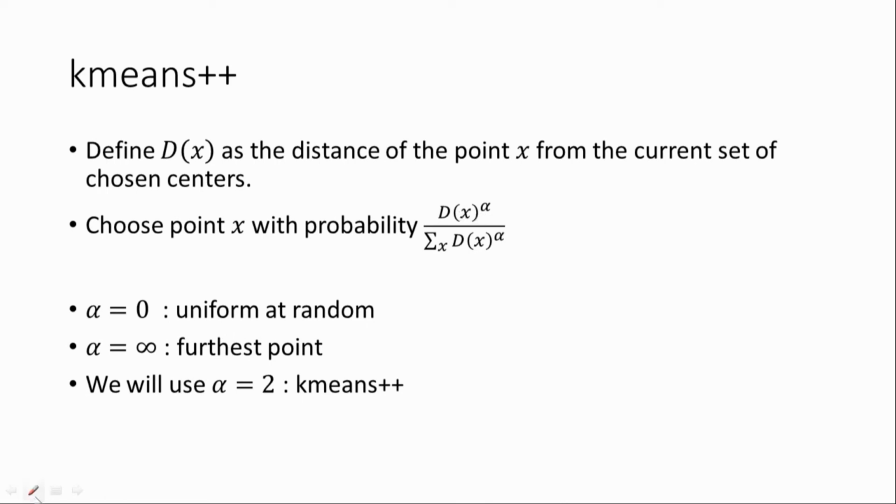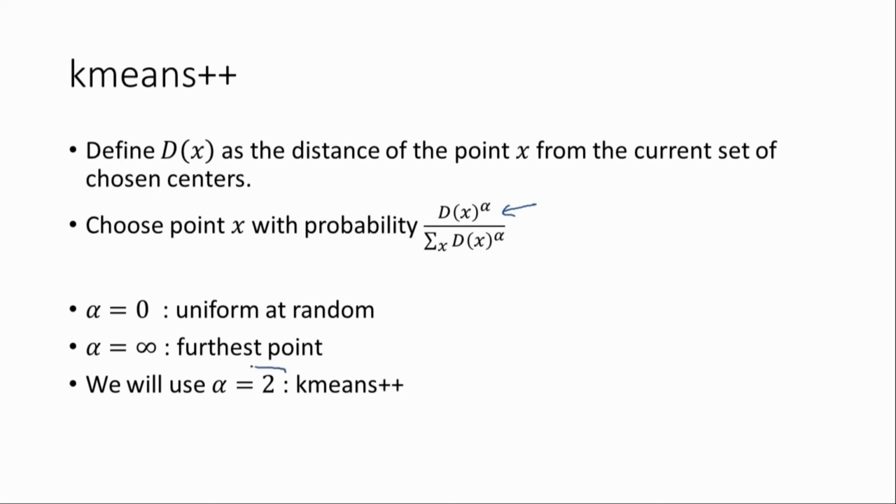Let alpha tend to infinity, the same kind of thing that we were doing. Say d of x is the maximum, divide everything by d of x, and then let alpha go to infinity. You will only be left with the point at the farthest distance with probability 1. Everything else will be 0. So the farthest point will be chosen.